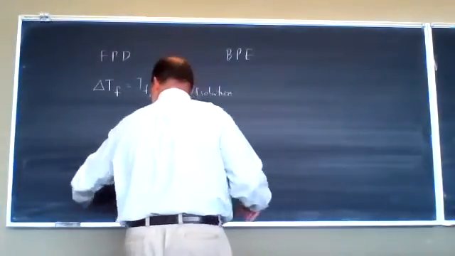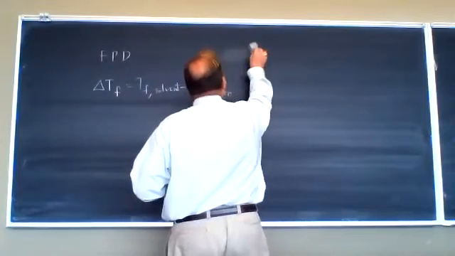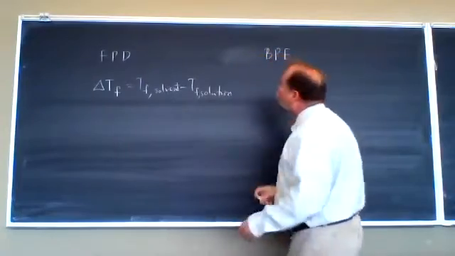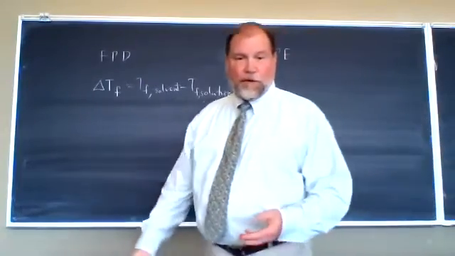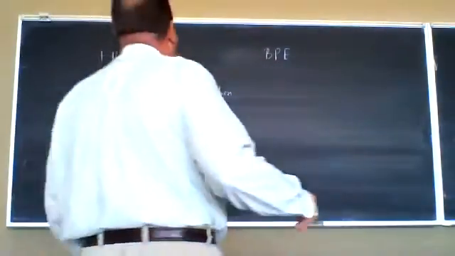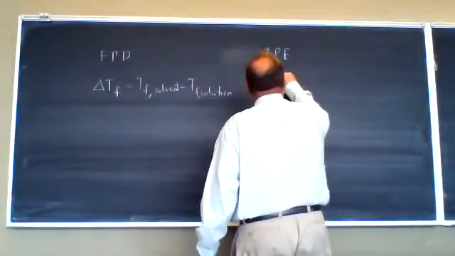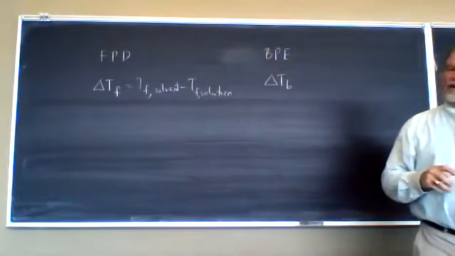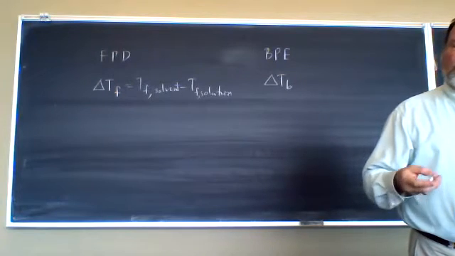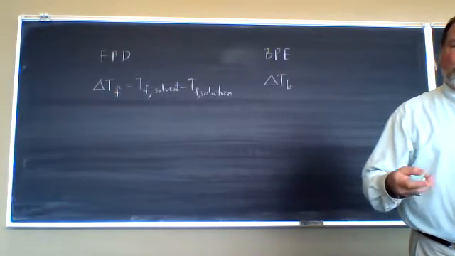For boiling point elevation, we find that the extent of the boiling point elevation is directly proportional to the number of particles. And so boiling point elevation, calculated as delta T sub B, is going to be the boiling point of the solution minus the boiling point of the pure solvent.